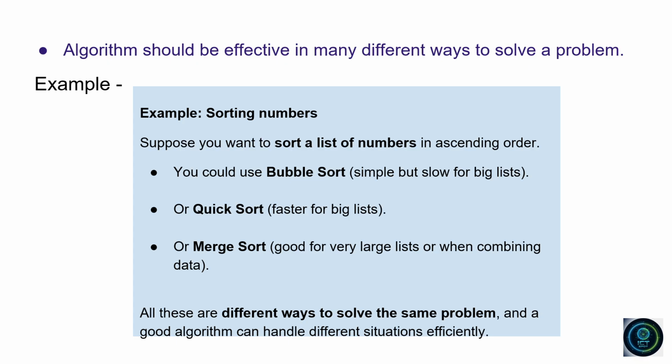One person will say you can use the bubble sort method. Then another person will tell you can use the quick sort method. Then another person can tell you can use the merge sort method. When you consider the three methods, all are correct. If you use the bubble sort method, it's simple.